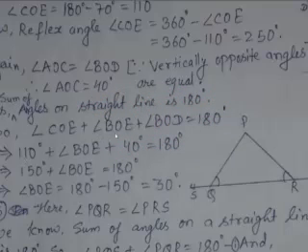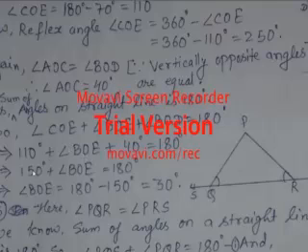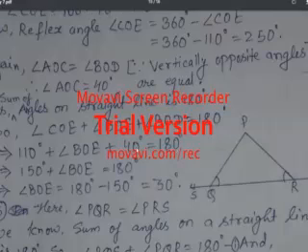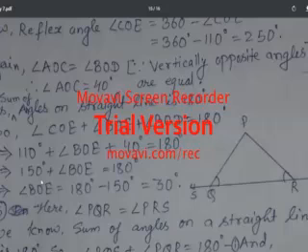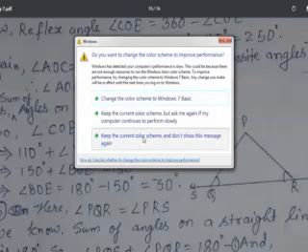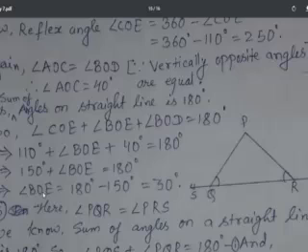So angle COE plus angle BOE plus angle BOD is equal to 180 degrees. BOD is given as 40 degrees, and COE we found 110 degrees. So 110 degrees plus angle BOE plus 40 degrees is equal to 180 degrees. 110 plus 40 becomes 150 degrees. So 150 degrees plus angle BOE is equal to 180 degrees, okay? Then angle BOE is equal to 180 degrees minus 150 degrees, that is 30 degrees.